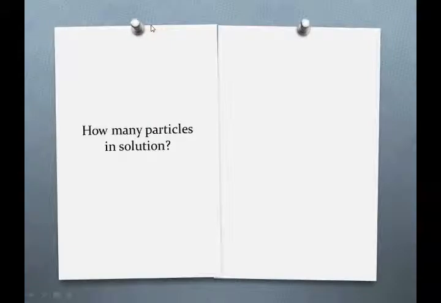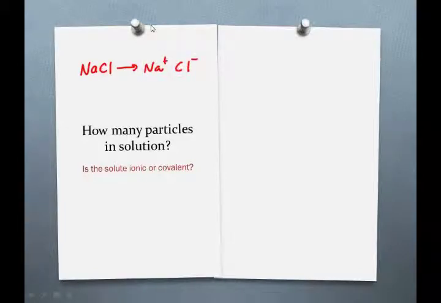What we want to start by asking ourselves is, how many particles actually form when I put this solute into solution? Since it doesn't really matter what the thing is, it just matters how many particles split up, we need to be thinking about whether the solute is ionic or covalent. Because if you'll remember, an ionic compound, like say for example NaCl, when you put it into water, makes a sodium ion and a chloride ion.